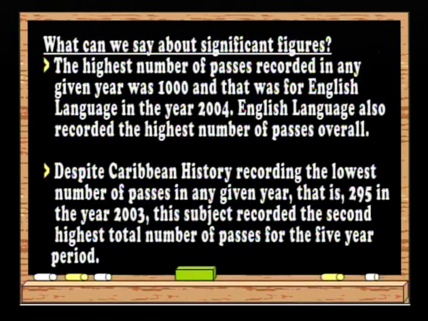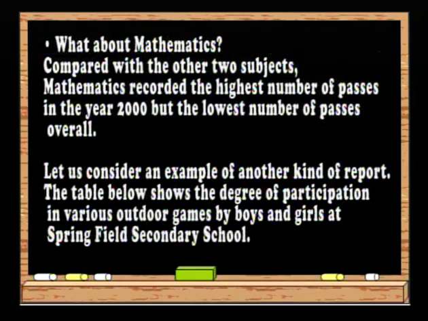Despite Caribbean history recording the lowest number of passes in any given year, that is, 295 in the year 2003, this subject recorded the second highest total number of passes for the 5-year period. What about mathematics? Compared with the other 2 subjects, mathematics recorded the highest number of passes in the year 2000, but the lowest number of passes overall.